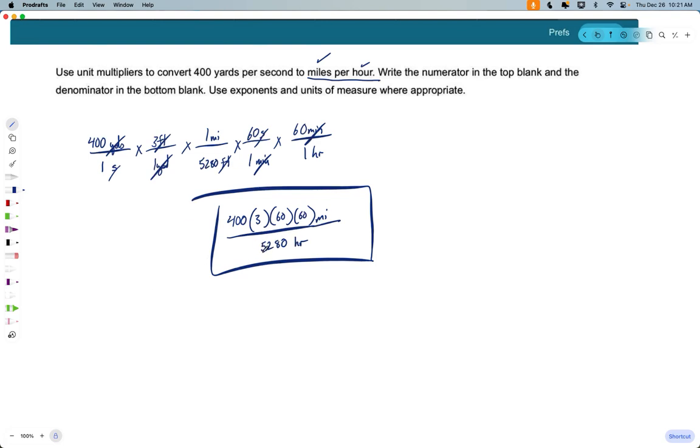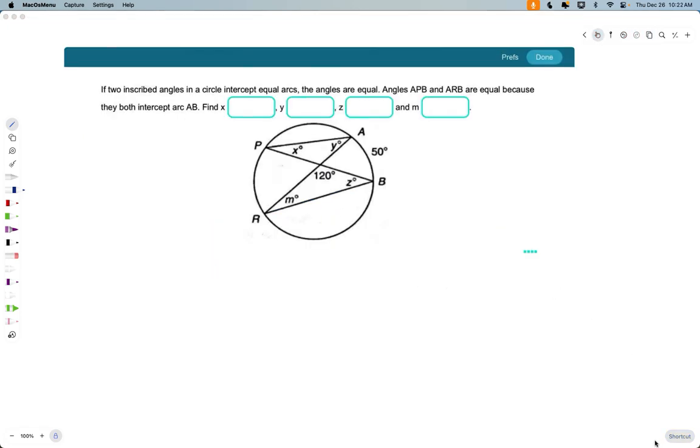And if it doesn't take that, then try doing 400 times 3 times 60 times 60, or 60 squared, over 5280, and then miles per hour separately. That's the only other way I think it would take it, but I'm pretty sure it's in the same fraction. Let's look at the next problem.